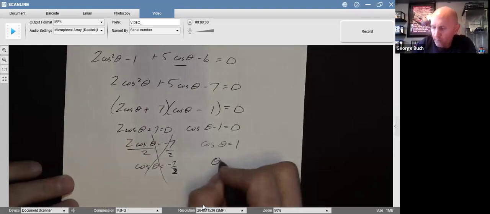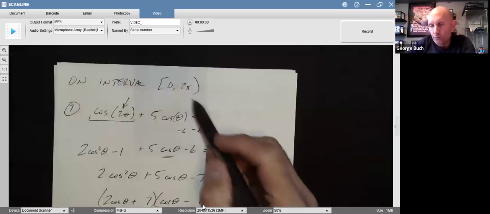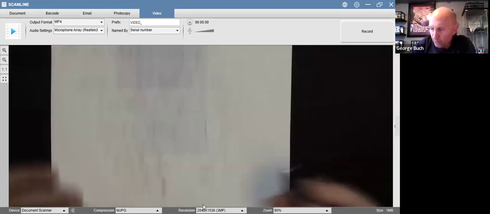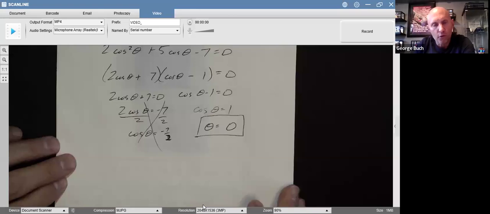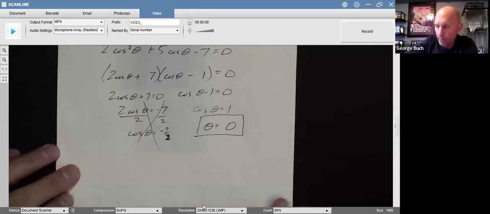That's when theta is 0 radians. Yes, it's also 2 pi, but it told us 0 up to 2 pi, but not including 2 pi. So your answer is only 0. That's it. No 2 pi k, no 2 pi, nothing, just 0.